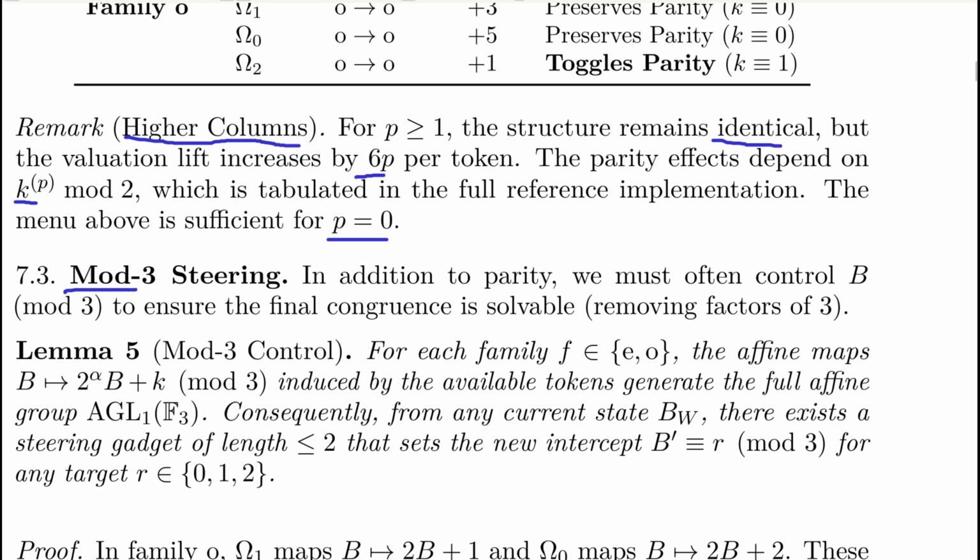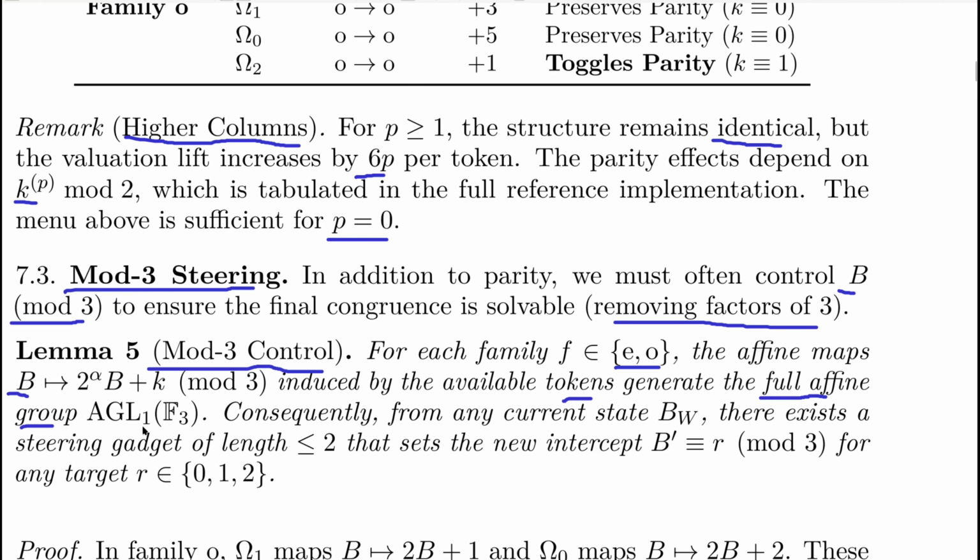So mod 3 steering. In addition to parity, we must often control B mod 3 to ensure the final congruence is solvable, removing factors of 3. So here is a lemma, mod 3 control. For each family F, being either E or O, the affine maps B to 2 raised to alpha times B plus K mod 3, induced by the available tokens, generate the full affine group.